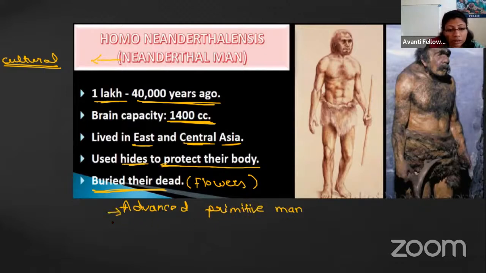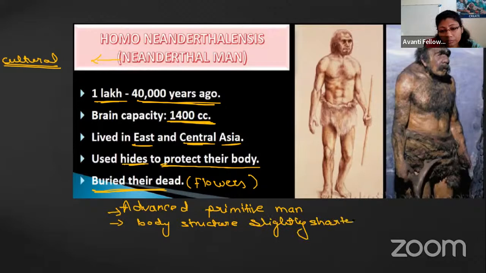They are found near the valley, inside East and Central Asia. Their body structure was slightly shorter compared to the modern man.